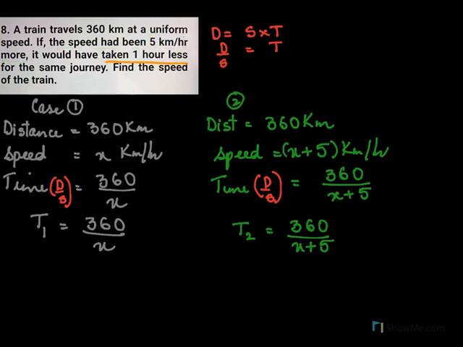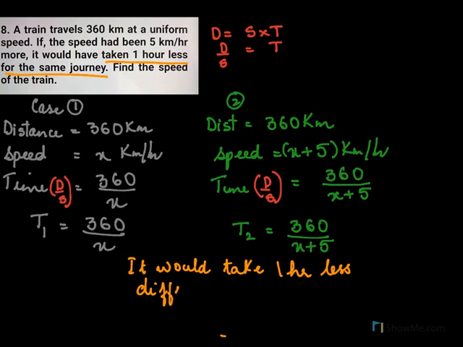Now it would take 1 hour less for the same journey, which means they are saying the difference in time is 1 hour. Now why is there a difference? Here we have seen first the train is traveling with a speed of x, then it is increasing its speed. So definitely if it's increasing its speed, it's going to go faster.